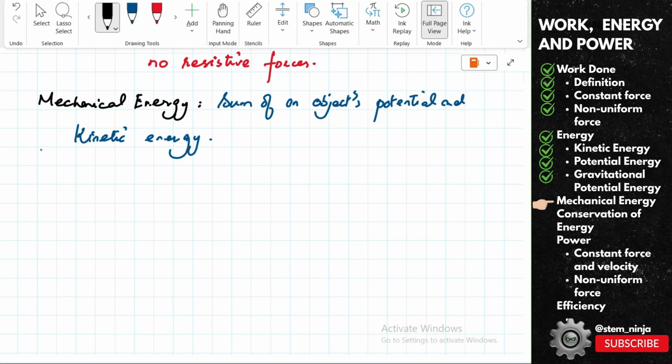But what is this conservation that we're talking about? The ideal case is the conservation of energy.